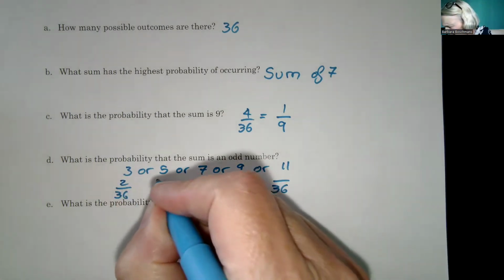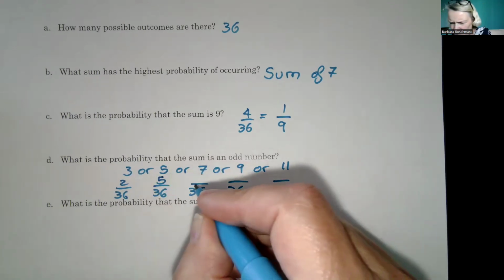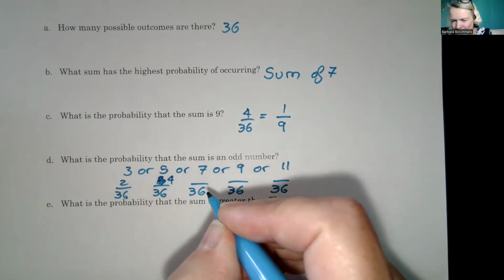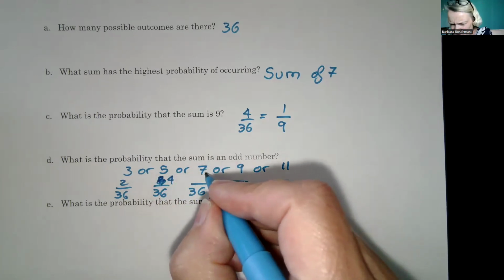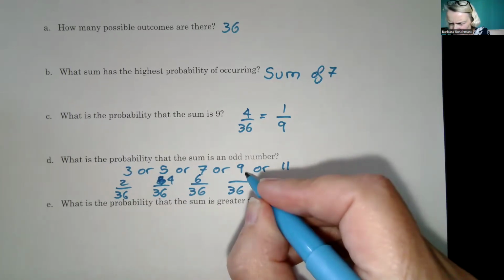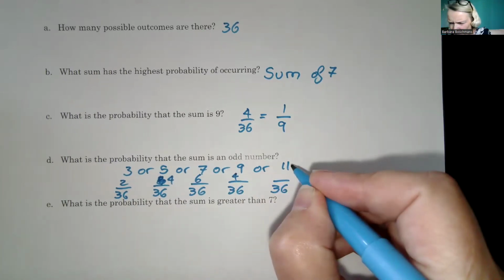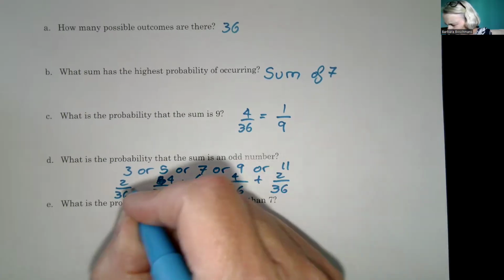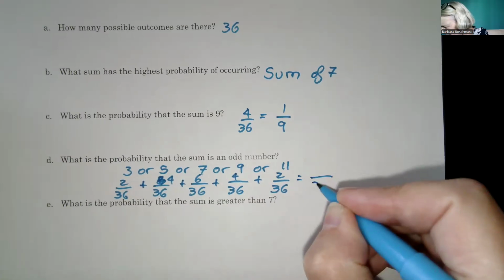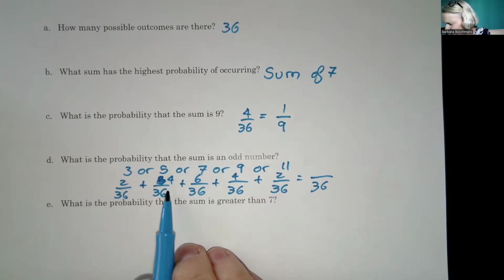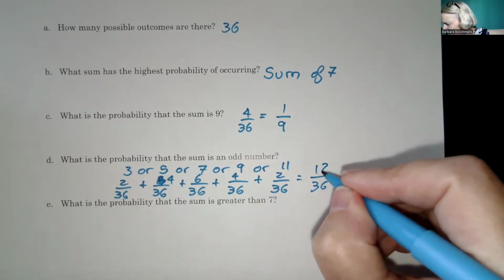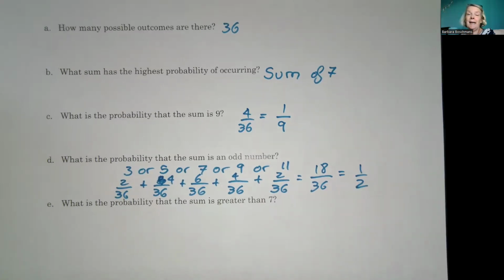A 5 is, nope, that's a 4, looking at the wrong one. A sum of 7 is 6, sum of 9 is 4, and a sum of 11 is 2. If it's an OR statement, you will add those probabilities together. So 2 plus 4 is 6, that's 12, 16, that's 18. We simplify with this one half. Half of your sums are even, half of your sums are odd.